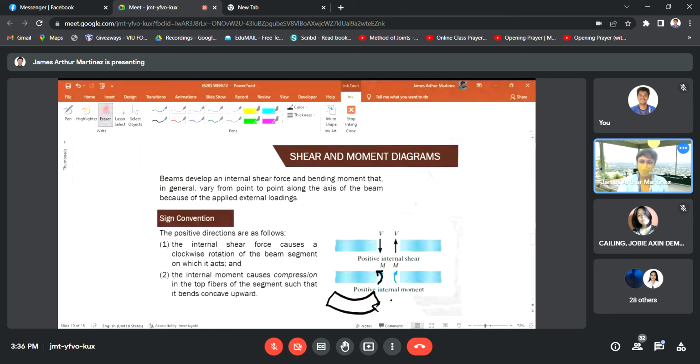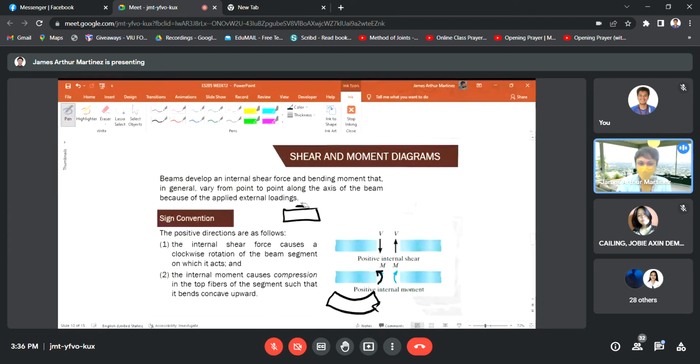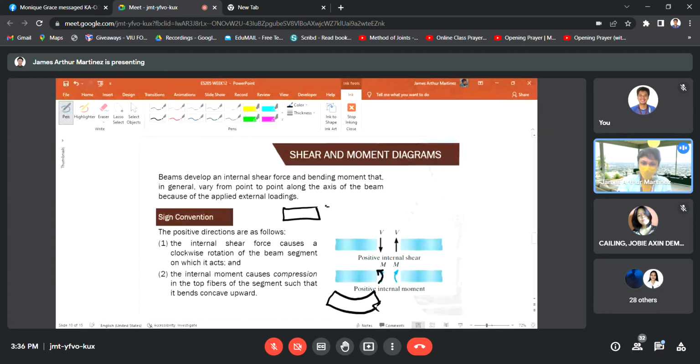So, if ni-bend na siya, ni-qualify siya sa atong criteria for a positive direction of internal moment, which is concave upward, and then compression ang iyang top fiber because, class, let's say naa tay beam, so ang topmost fiber nato, if mo-bend na siya in this way, the topmost part of your fibers are actually under compression, and then the bottom part is under tension.